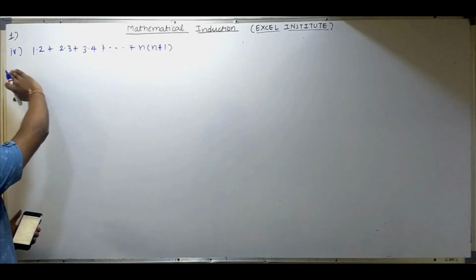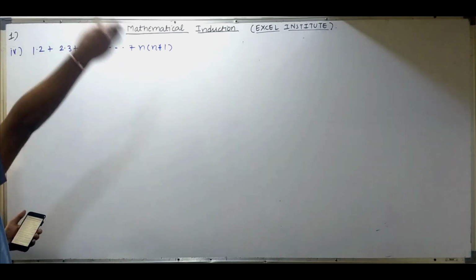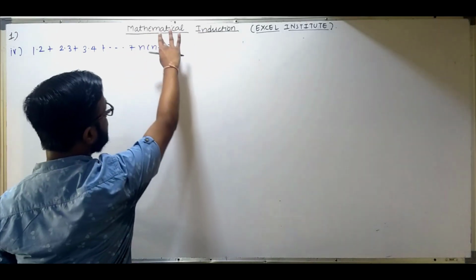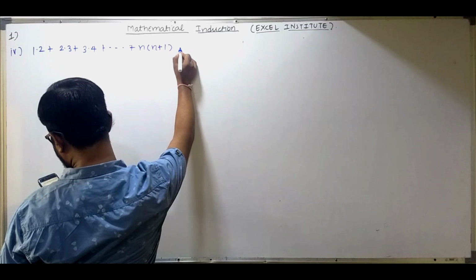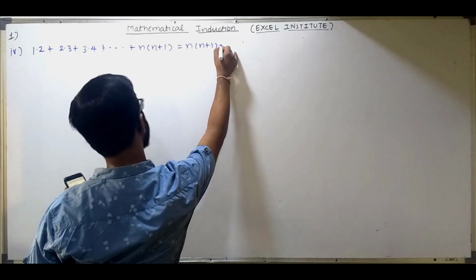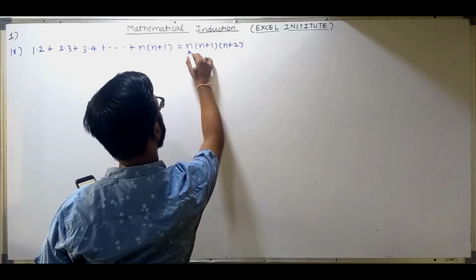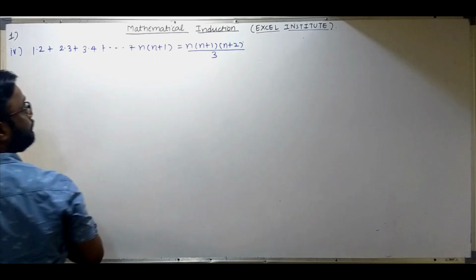Because it follows some pattern. To show that pattern, like 1, then 2, then 2, then 3. So in general, if it is n, the next one is n plus 1, and these are multiplied to get the result as n into n plus 1 into n plus 2 upon 3. Now let us see how to prove this.